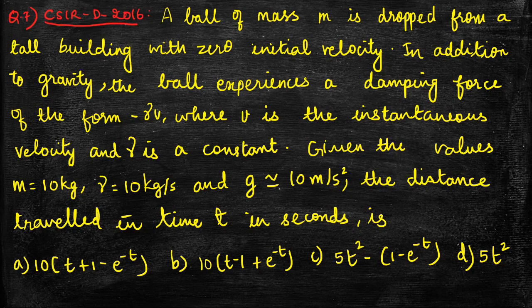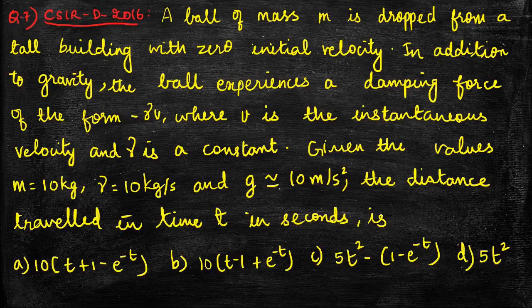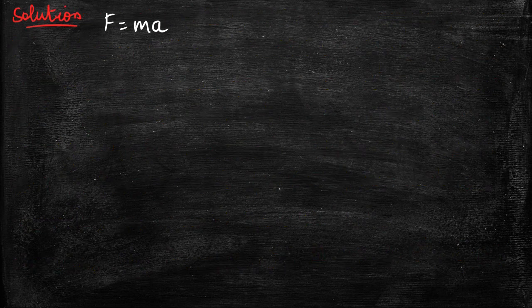So basically, when a ball of mass m is dropped from a building, obviously the first force you will write is equal to ma, and along with the gravity, it is also experiencing the damping force, right? Which is given by minus gamma v.